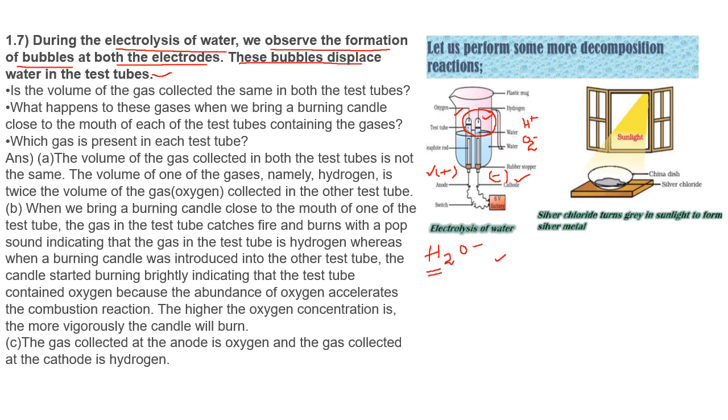Okay, and in the next picture you can see the silver chloride is turning gray in presence of sun. So this is again a decomposition reaction, okay, which is taking place in the presence of sunlight. So what are the different types of decomposition reaction? You should know the different types of decomposition reaction. Okay.